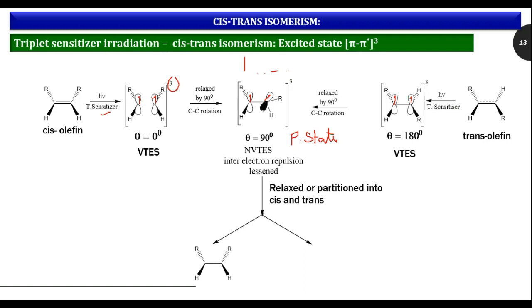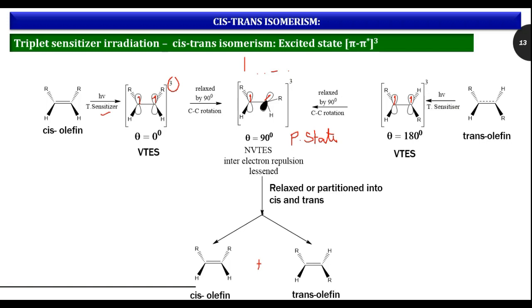If you start with cis, it can convert into cis, or if you start with trans, it can convert into trans, and it also converts into its isomeric form. So this P state converts into the cis isomer and also the trans isomer. That means after irradiation, in the final product we are going to have cis and trans olefins.